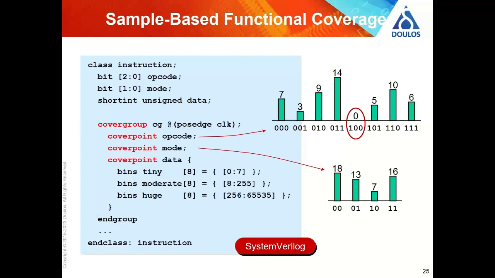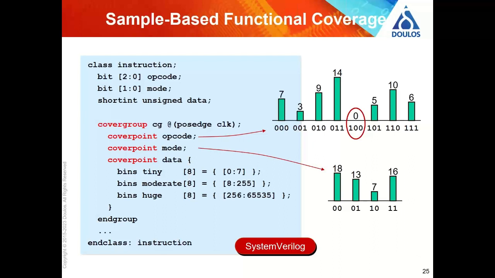Each cover point will be something that gets recorded. Typically it could be the name of a variable, or it could be an expression. Okay, so that gives us information about what's really happening in our test bench. We can even break down cover points into individual bins if we want to have more fine-grained knowledge. So we run our simulation, and at the end of the simulation, we've discovered that we've got a value missing here.